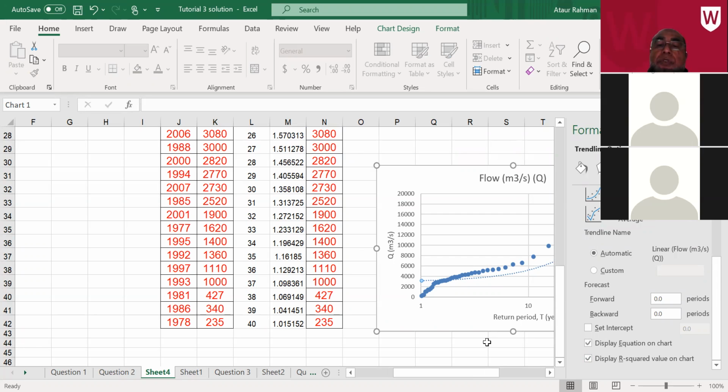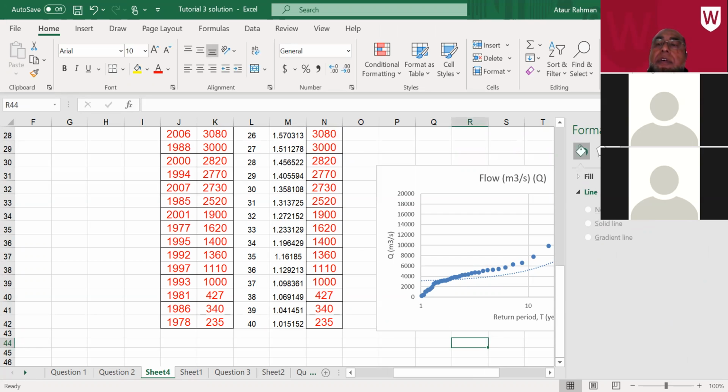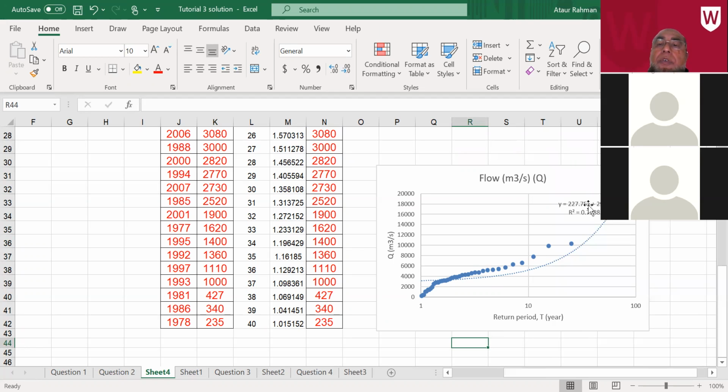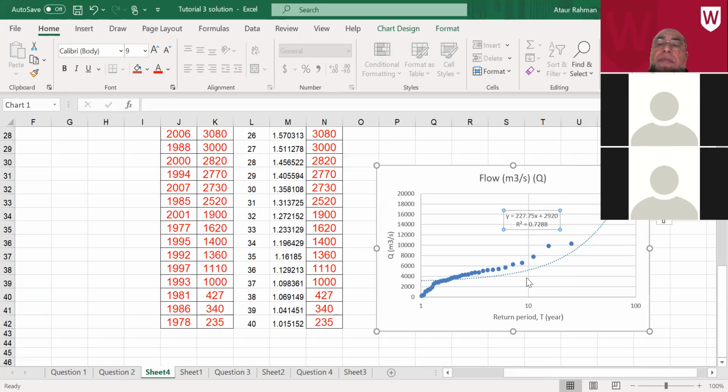Once we do that, we'll find that there's an equation here. But you see, this is the problem when you do the linear fitting of the data, and really it does not work very well there.